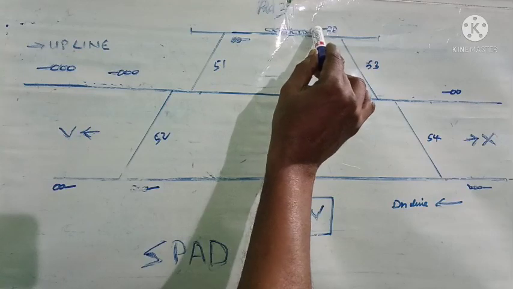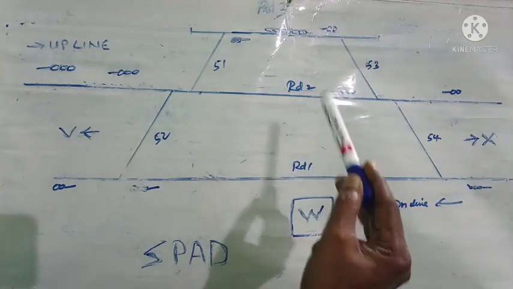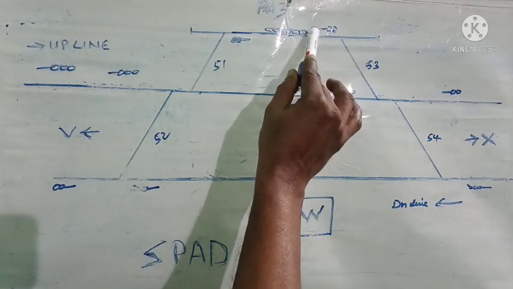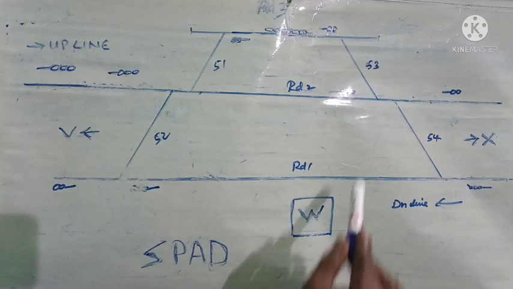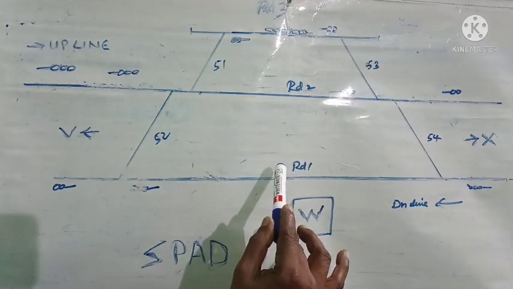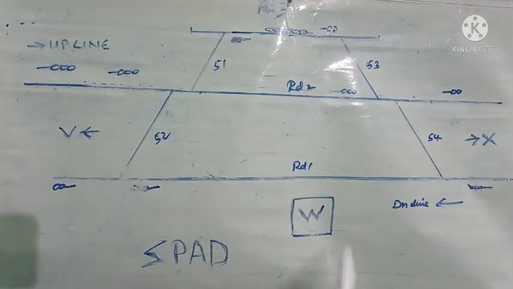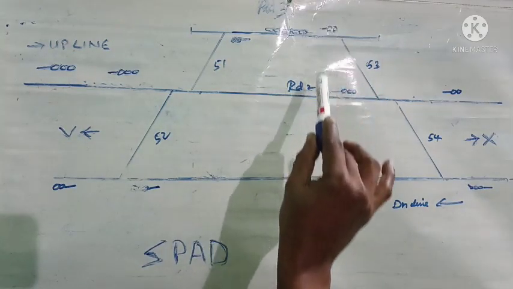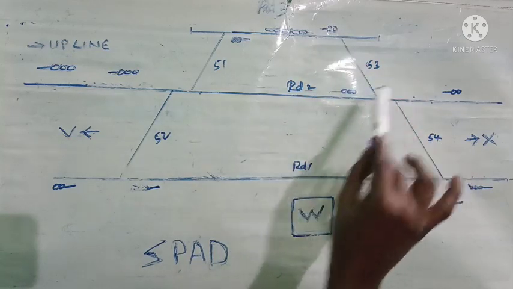And also there can be cases of engine giving trouble. The loco pilot says that after 10 or 20 minutes we can leave, but till that time I have to attend to this loco. In that case also, the taken off signal will be put back. So here, one thing to be ensured is that when the signal is put back to on, the station master should not alter the points.